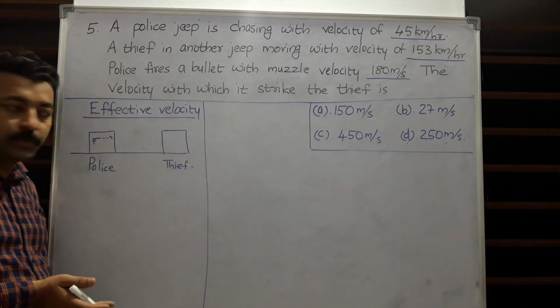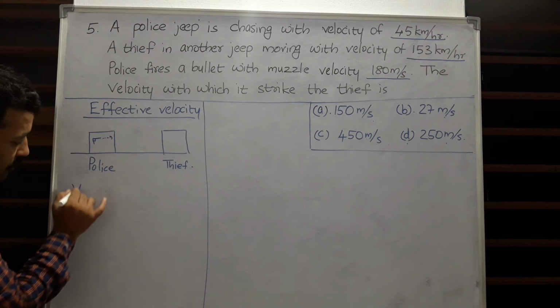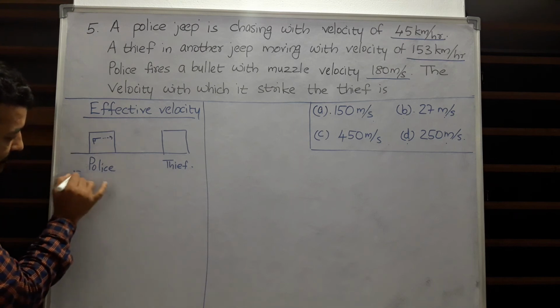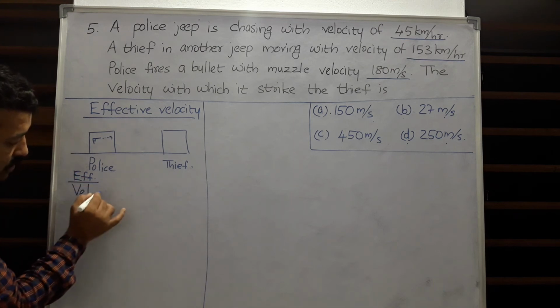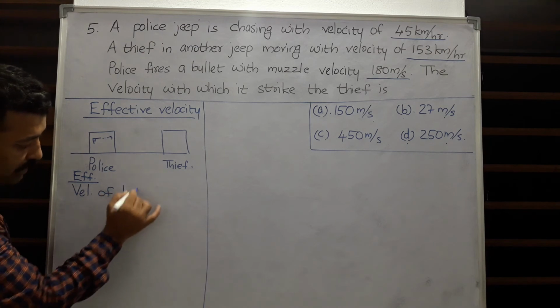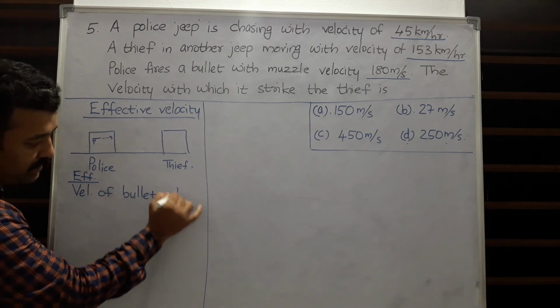So what will be the velocity of the bullet, or we can call it the effective velocity of the bullet, when it is fired?